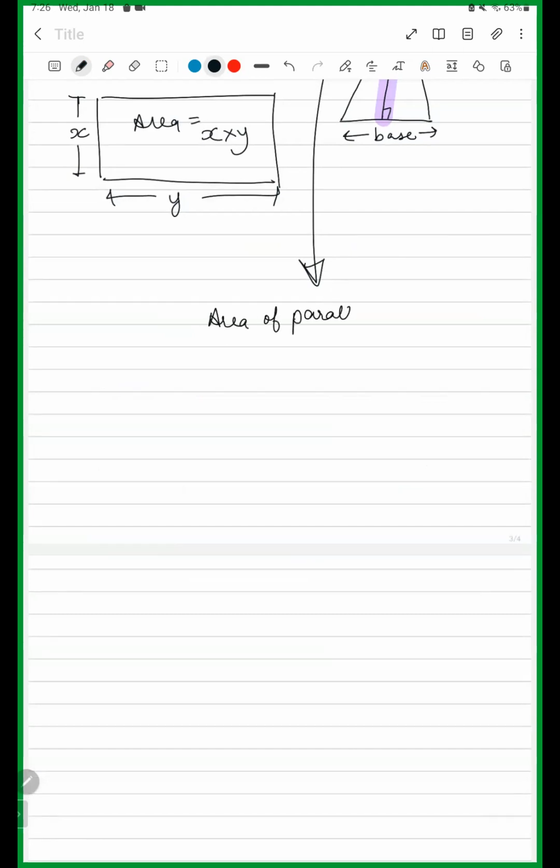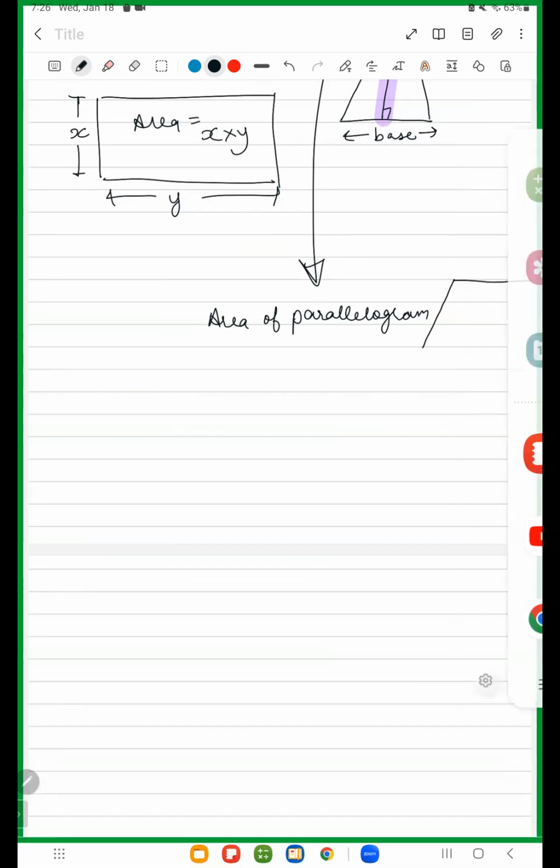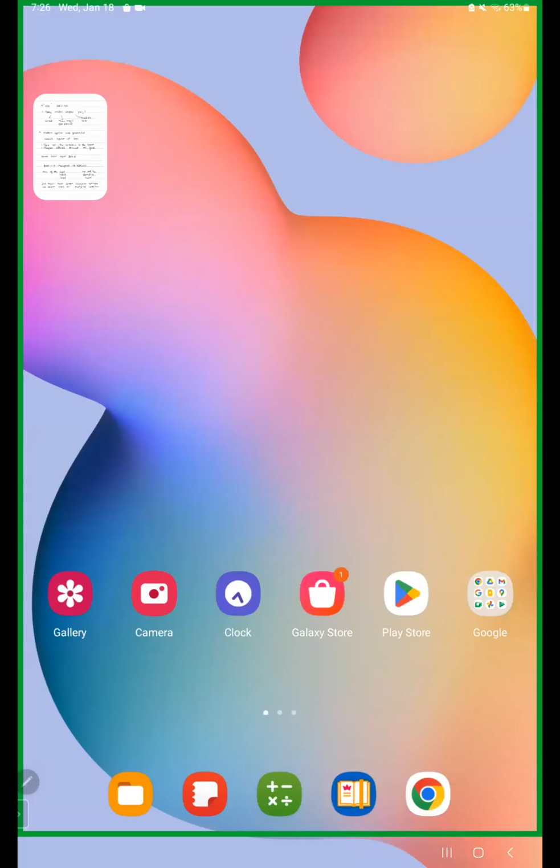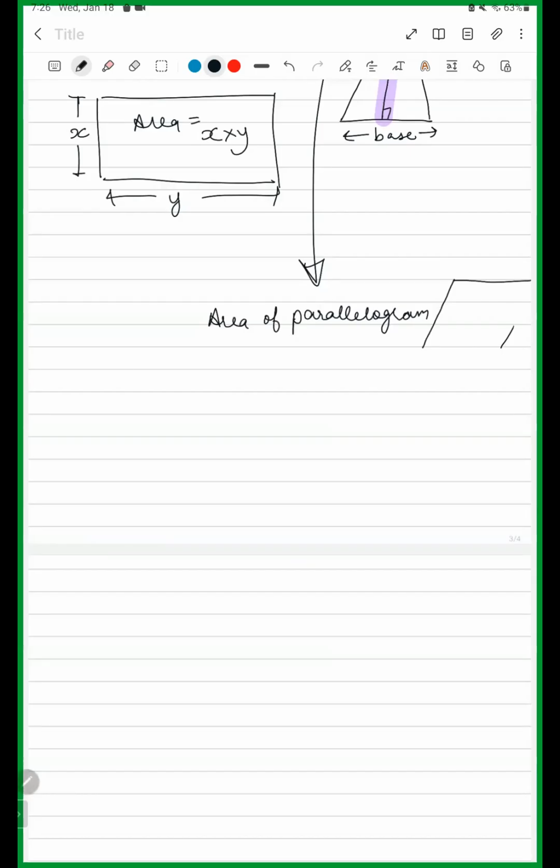So area of a parallelogram. This is the height. If this is the height and from here to here is the base, then area of the parallelogram is base into height. ठीक है?